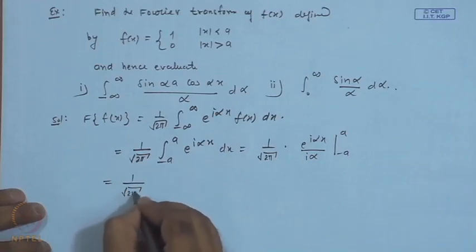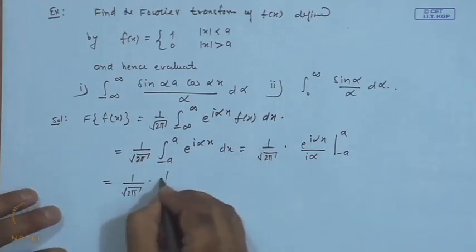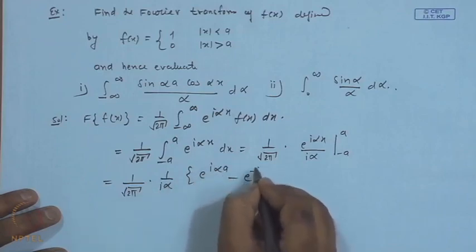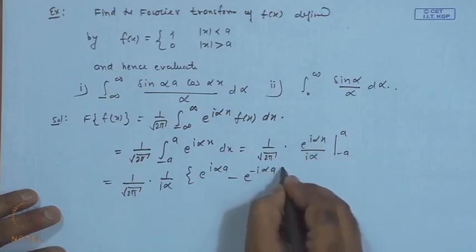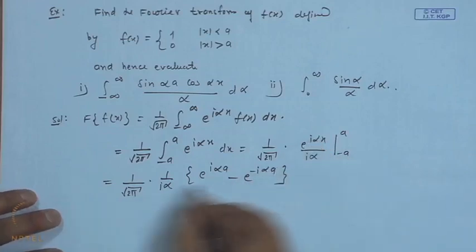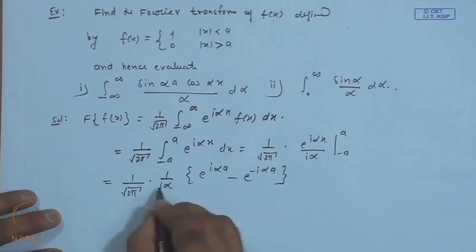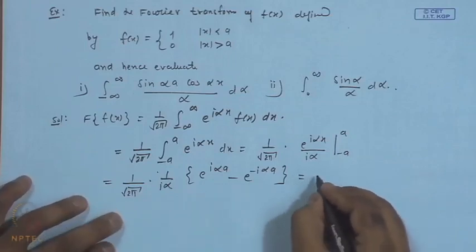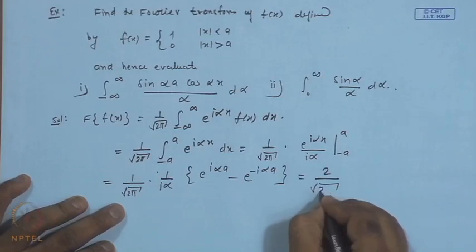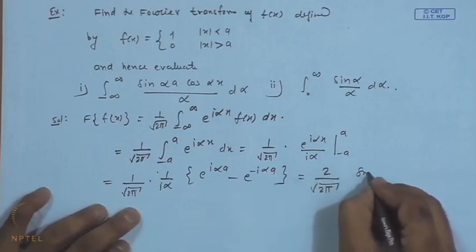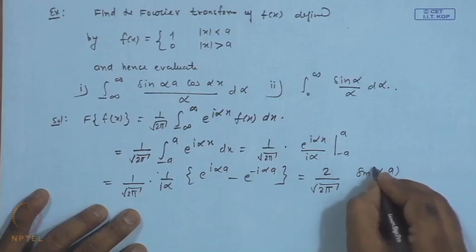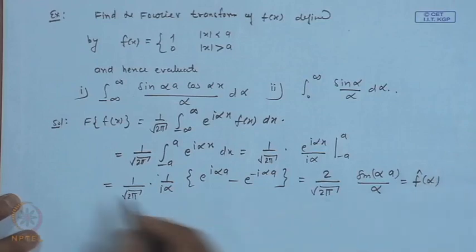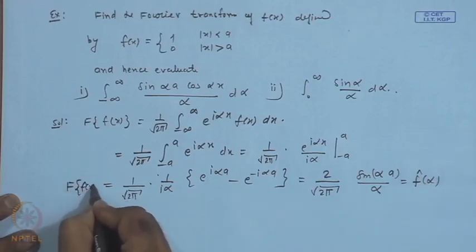So what we have then is 1 over square root 2 pi, 1 over i alpha, and e power i alpha a minus e power minus i alpha a, and with this i factor we can multiply and divide by 2, to get 2 over square root 2 pi, and this will be sine alpha a over alpha, and this is our Fourier transform for the given function.